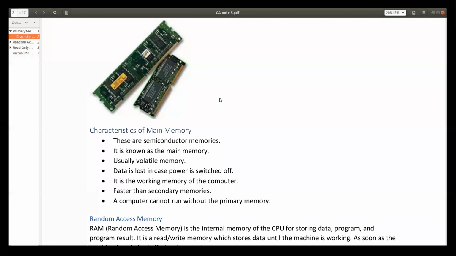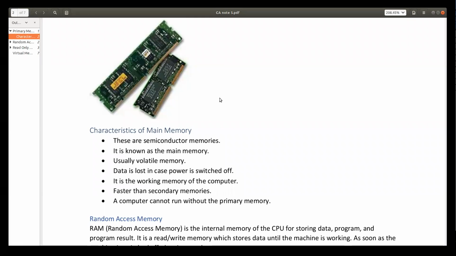These green elements, whatever you see in the picture, are basically semiconductor. So that's why we call it semiconductor memory. Again, as I told you, it's a volatile memory. It's volatile because data is lost when the power is switched off.